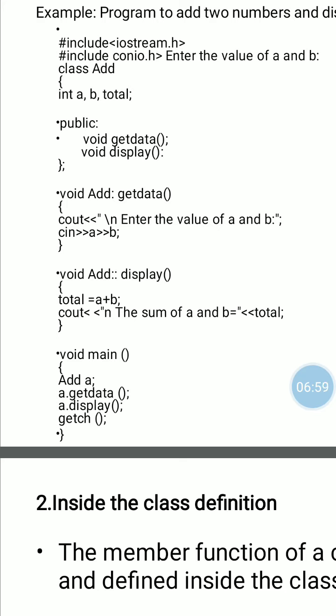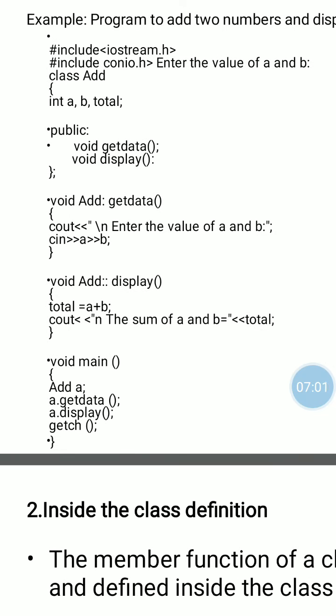In the basic concept we learned that C++ is a bottom up approach. C is a top down approach and C++ is a bottom up approach. Bottom up means execution starts from void main, and then the execution flow proceeds from bottom to top.